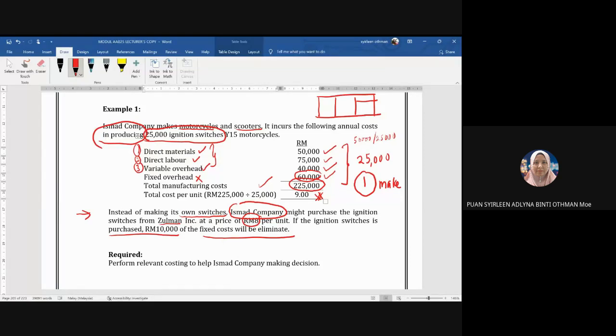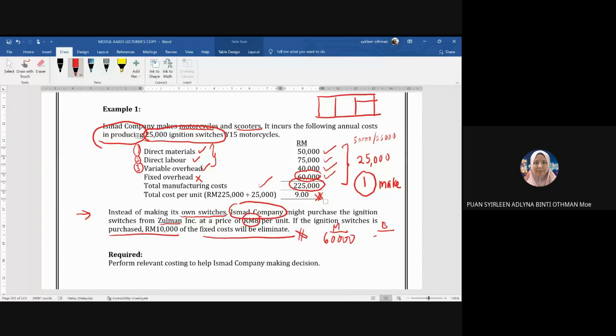Alright, okay, tetapi ada additional information dekat bawah. Dia bagi tahu RM10,000 of the fixed cost will be eliminated. So maksudnya, kalau saya make, my fixed overhead ialah RM60,000. Ini kalau saya make. Okay, tapi kalau saya buy, the fixed overhead will be decreased, akan berkurang. Maybe ada satu dua benda macam Madam mention tadi, maintenance for the machine you need not to pay.